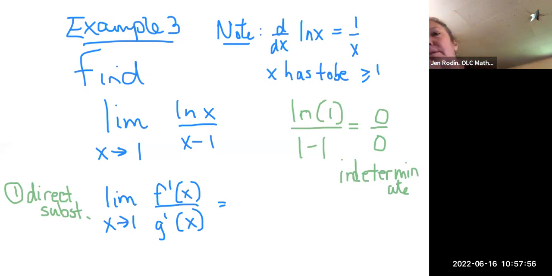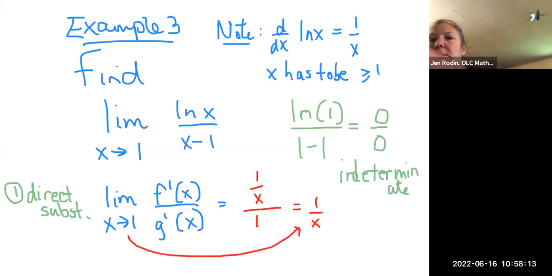Anyway, the derivative of the top is 1 over x. The derivative of the bottom is 1. Simplify. Substitute directly. Equals 1.